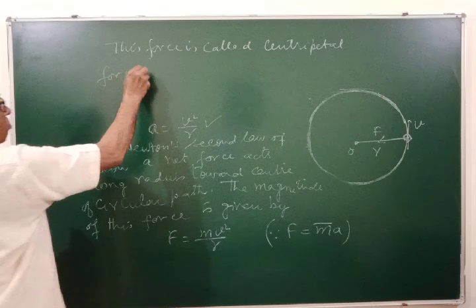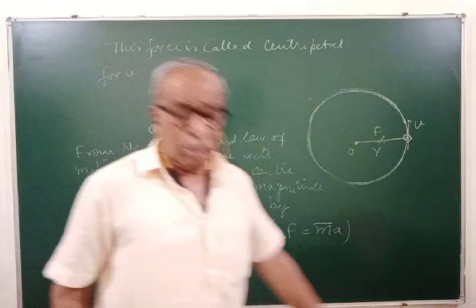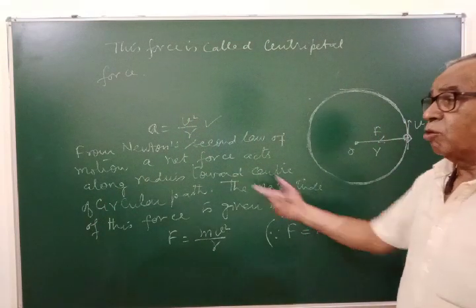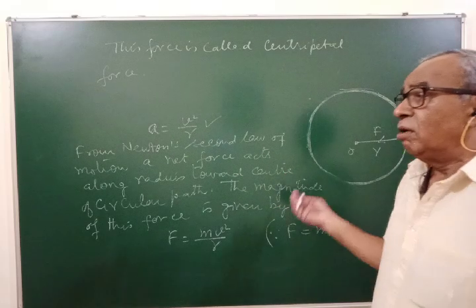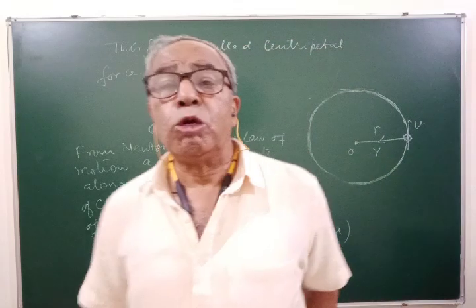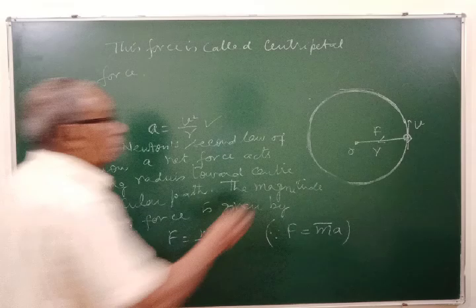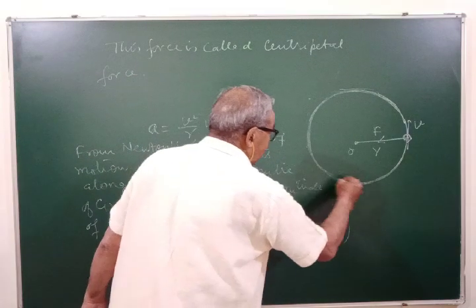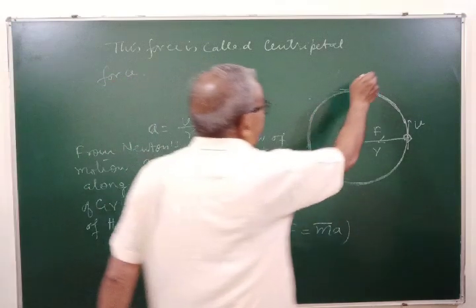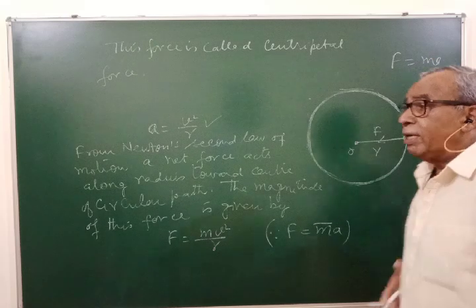Now here the formula is just a equal to v square by r. Acceleration is there, and hence from F equal to ma, we find that some force acts on the body towards the center. But why is this force acting there? Fine, from F equal to ma the force came, F equal to ma says that a force is acting on the body.